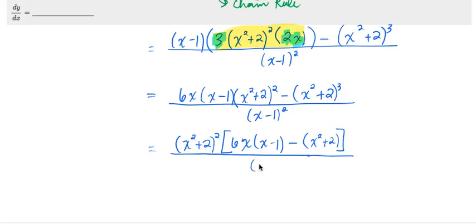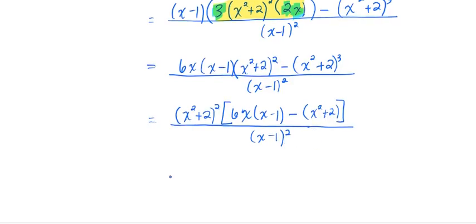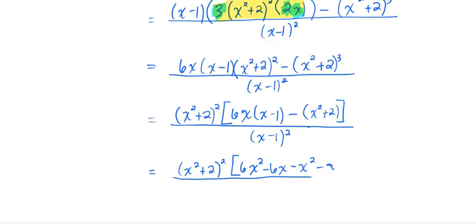So you definitely could do this. Then you could clean up what's inside the brackets because that wouldn't really take that much work, and it's possible you might end up with something else that simplifies here, although I kind of doubt it. But let's see. If we distribute this 6x over the x minus 1, we'll have 6x squared minus 6x. And if we distribute that negative, we'll have minus x squared minus 2.